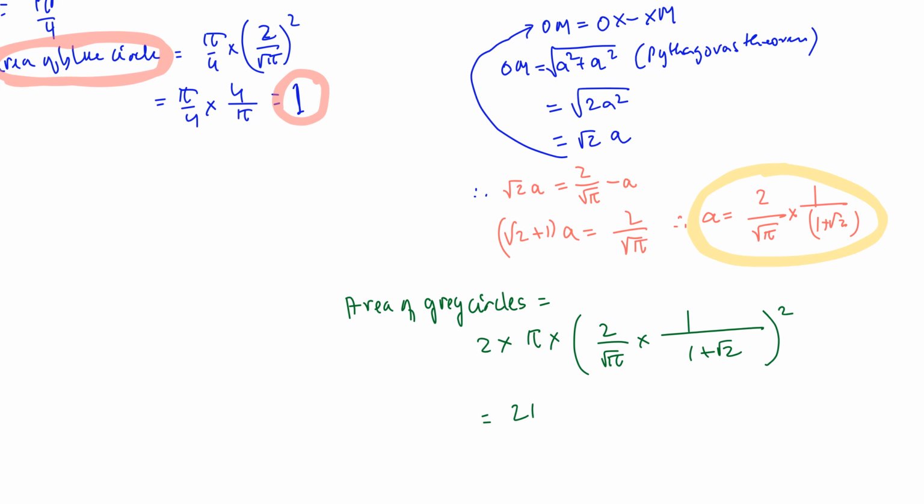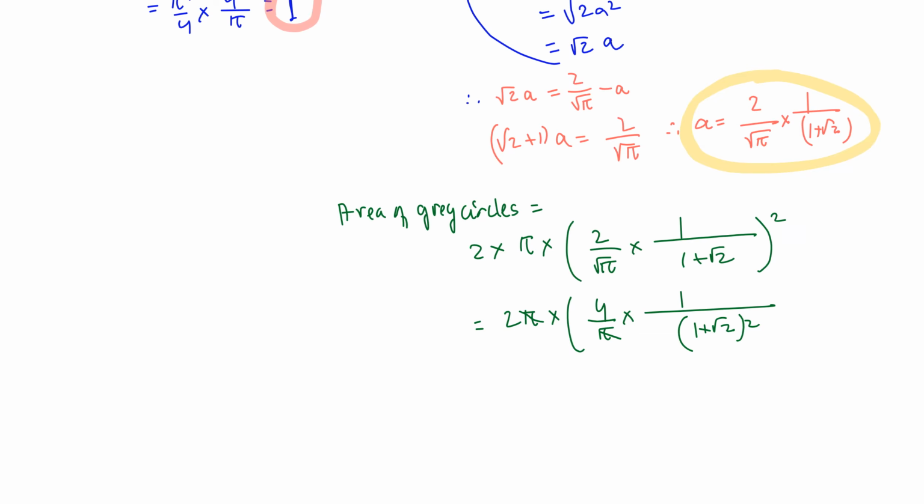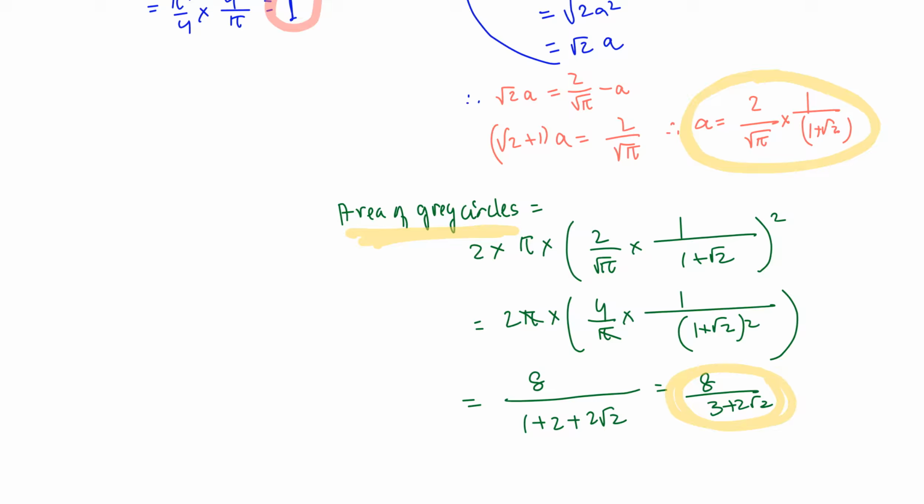That is 2 pi times 4 over pi times 1 over 1 plus root 2 squared. So the pi's get cancelled and I get 8 over, expanding this, 1 plus 2 plus 2 root 2, that is 8 over 3 plus 2 root 2. And that's the area of the gray circle.